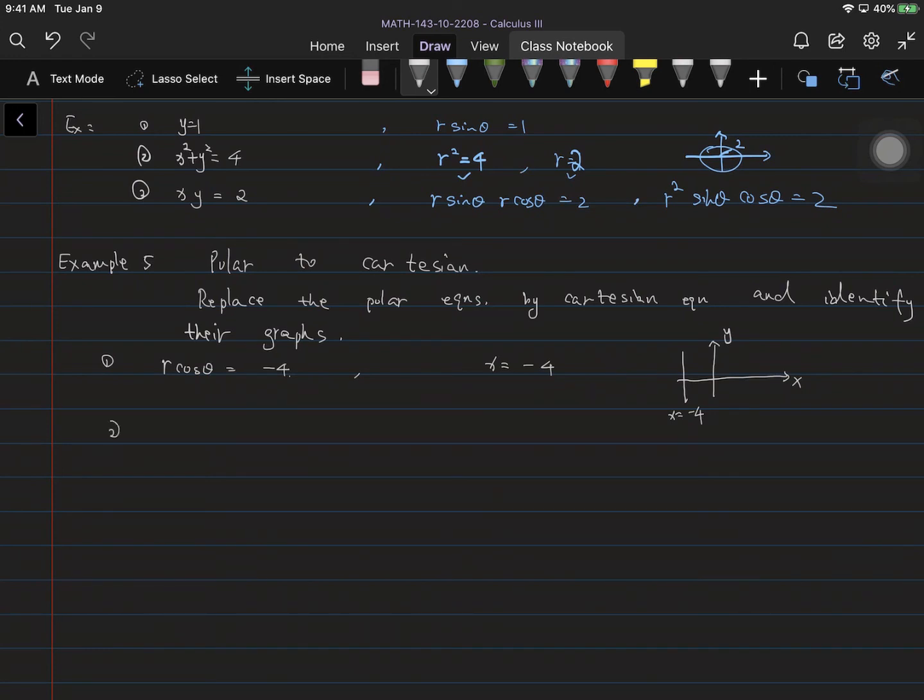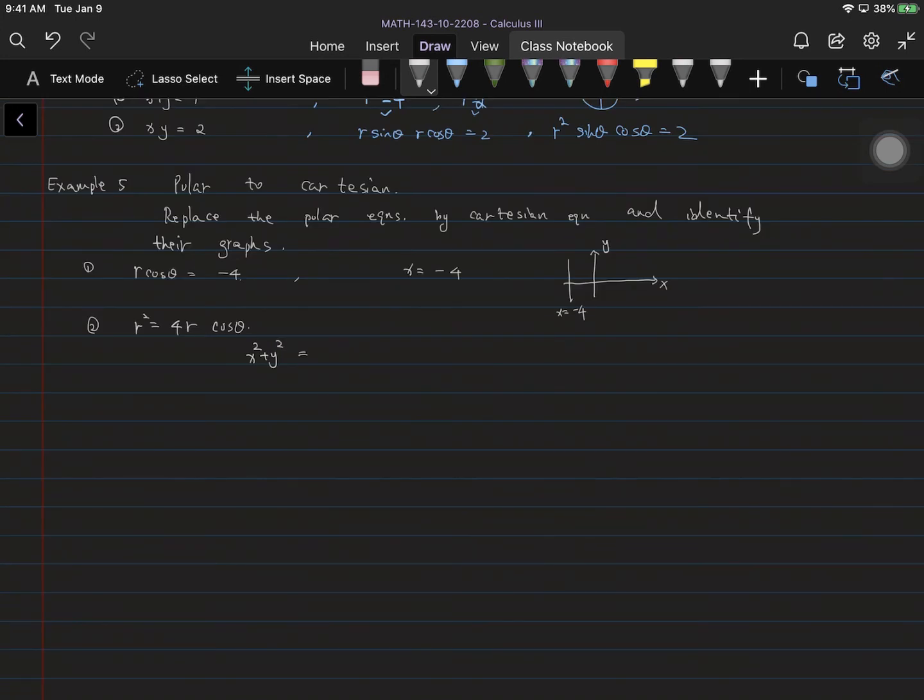The second, r squared equals 4r cosine theta. Change this into Cartesian. So r squared, we know that equals x squared plus y squared. If we look at the right side, 4r cosine theta should be 4 times x.